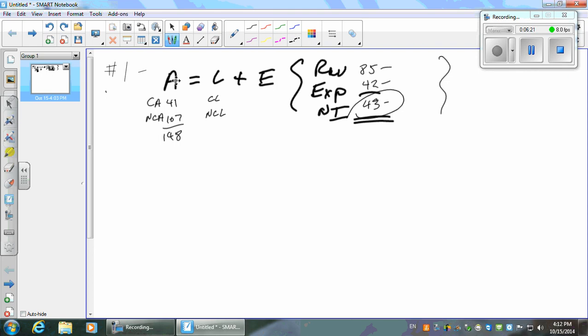Okay, how about current liabilities? What do those add up to? Is that all it is? Okay, there weren't many of them. Okay, how about non-current liabilities?